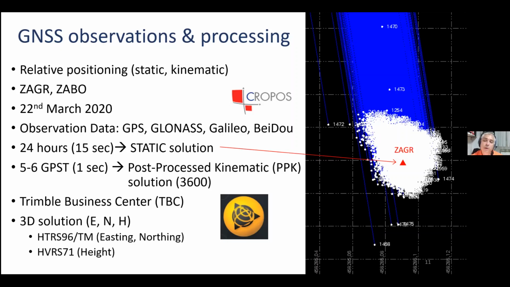If we compare the point cloud with the static solution, you can see that the majority of results are within ±2 centimeters, which is the estimated level of precision of the PPK method.